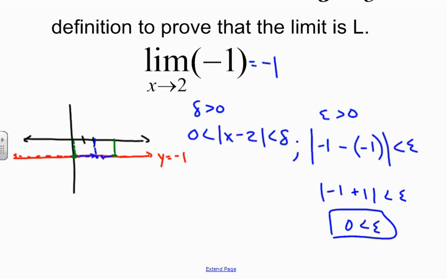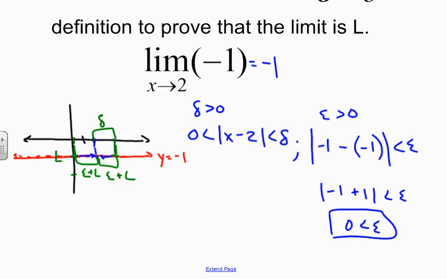So epsilon is this distance from L, remember this is what L is, to the right and left of L, plus and minus L.